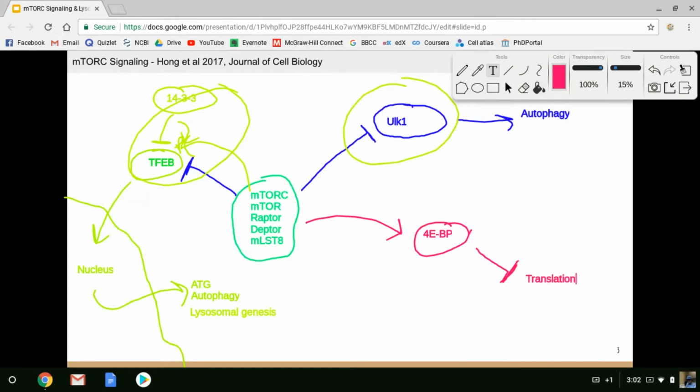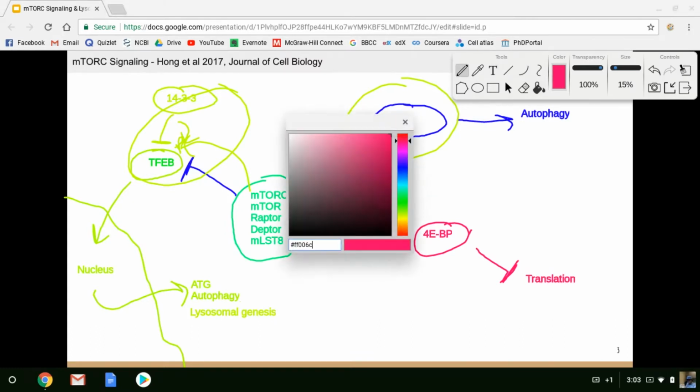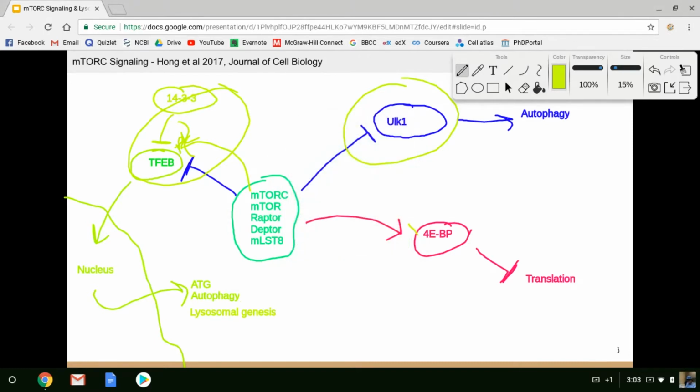And when mTORC phosphorylates 4E-BP, it prevents it from binding to the 5' cap of mRNA, and thus it's promoting translation by inhibiting the inhibitor of translation. It gets a little bit confusing, but 4E-BP is inhibited, and this allows translation to continue.